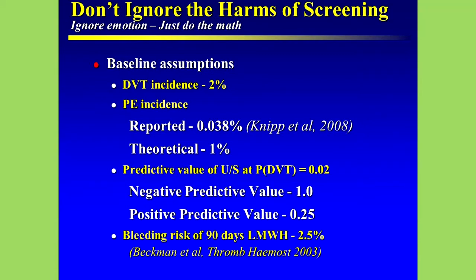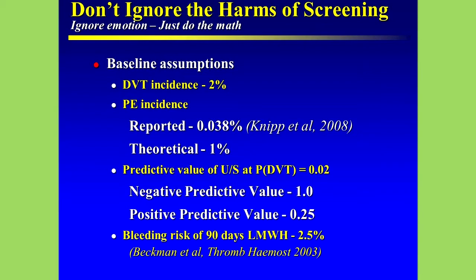If we just do the simple math on it and take the baseline assumption that after venous ablation there's a DVT incidence at the high side of 2%, that is more likely in the sclerotherapy trials, and that the incidence of pulmonary embolism, again, in the meta-analysis, this was about 0.1%, but if we consider it goes somewhere between the reported incidence of 0.04% and 1%, and that the predictive value of ultrasound at a pretest probability of 0.02, we get a negative predictive value of 1.